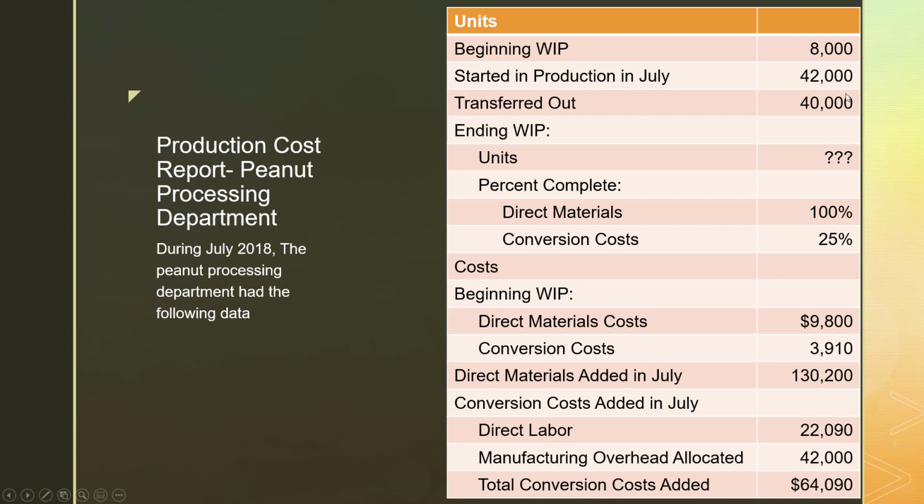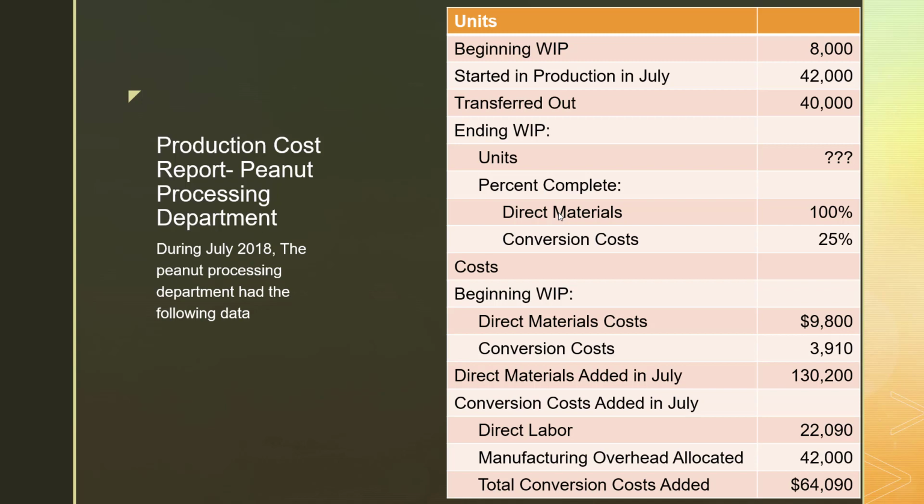And then lastly, we need to know how many units were transferred out. So how many cases worth of peanuts did we transfer from the peanut preparation department to the next phase of production? And then how complete are the units which we didn't finish when the period ended? For Chew Easy, as we'll get to, they didn't finish all of their cases worth of peanuts when July ended.